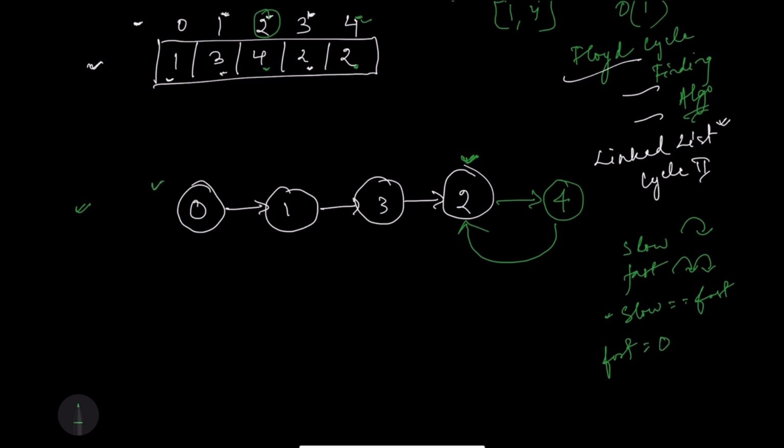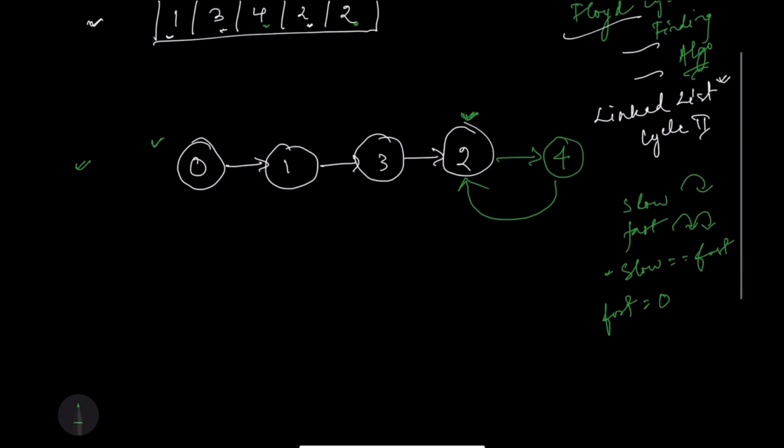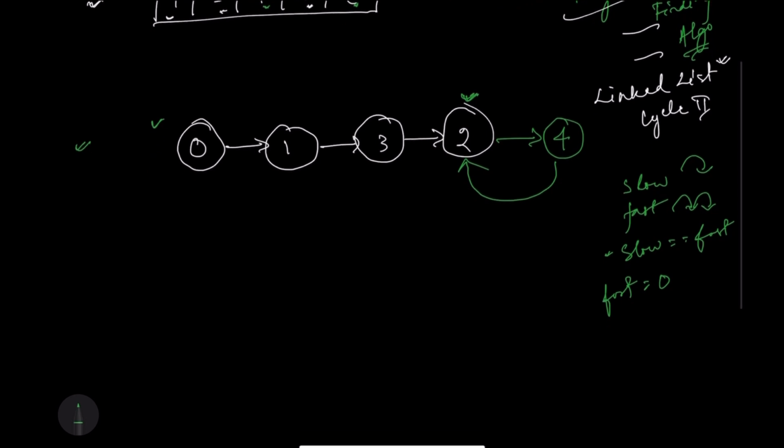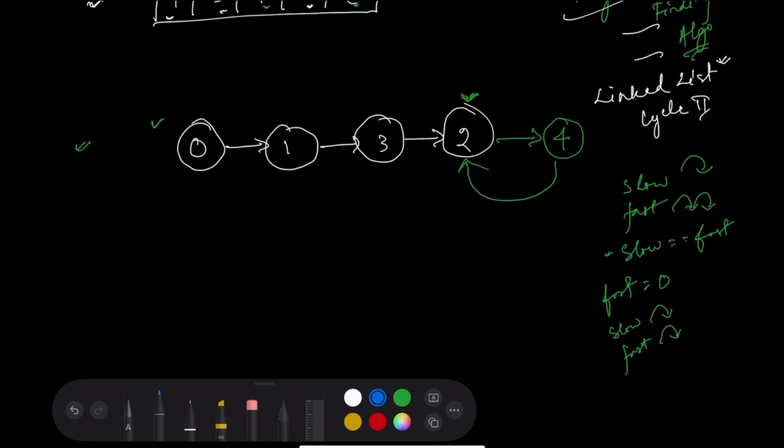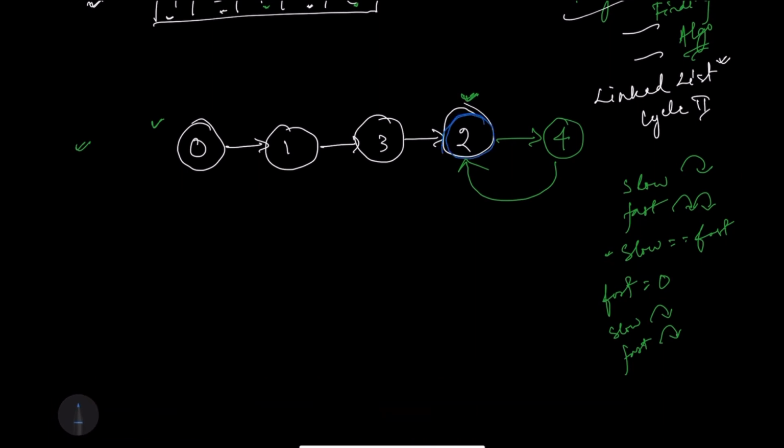The fast pointer stays at the meeting point, and after that we move slow by one step and fast also by one step. When they meet again, we return that position, and that's how we find the duplicate number.